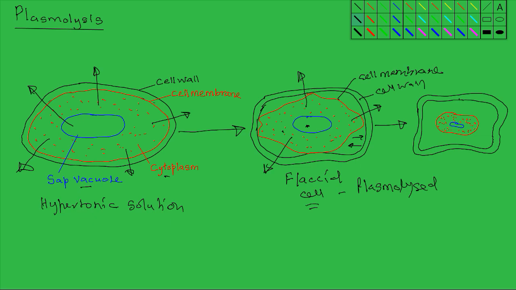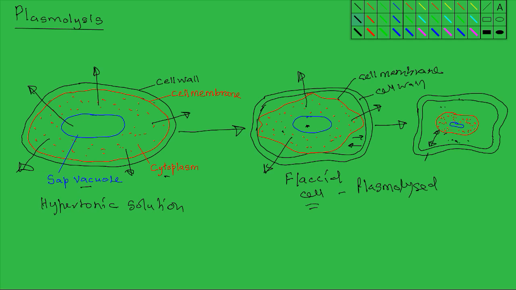Total plasmolysis is achieved, and this occurs when the cytoplasm shrinks so much such that it just forms a mass, a spherical mass at the center of the cell, and the space between the cell wall and the cell membrane will be occupied by the solution, that is the hypertonic solution in which the cell is immersed.